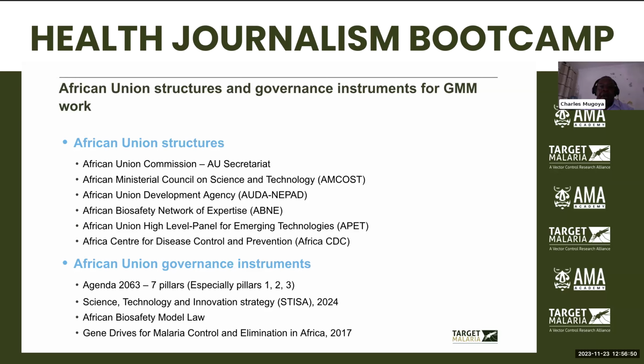When we look at pillars 1, 2, and 3, it addresses technologies, capacity building, and the issues of health in Africa to spur prosperity. So the Agenda 2063 is also a very good document. Then we have the STISA, the Science, Technology, and Innovation Strategy 2024. We have the African Model Law, and we have the gene drives for malaria control and elimination. Next slide.